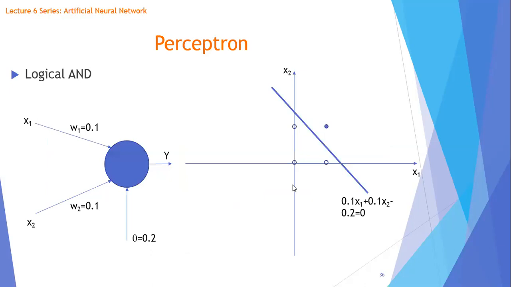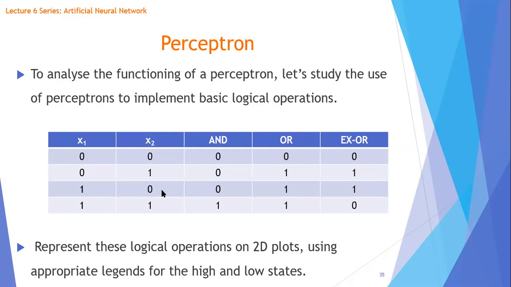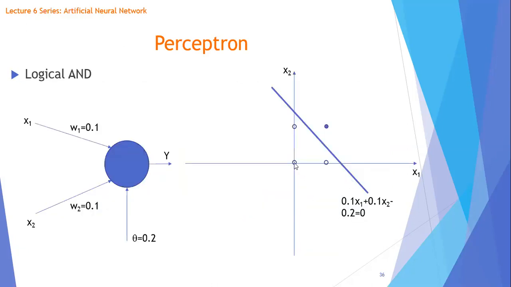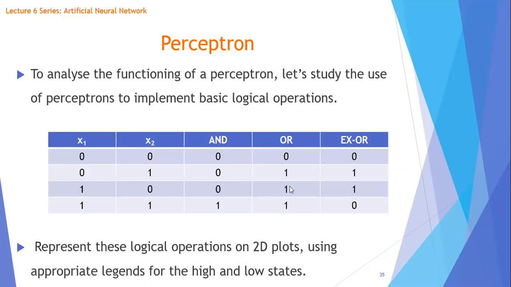So if you try to depict the AND operation on a 2D plot, you have x1 and x2. We have these 3 conditions here: 0, 0; 0, 1; and 1, 0, where your outputs are actually all zeros. That's what we have shown here on this plot as an unshaded circle for the outputs which are low, and then for the 1 instance where your output is actually high, when you have 1, 1, then you get the 1.